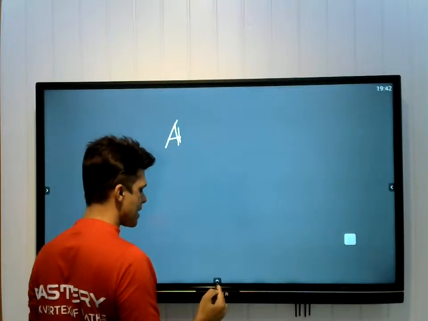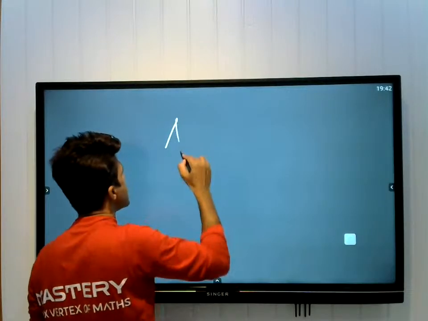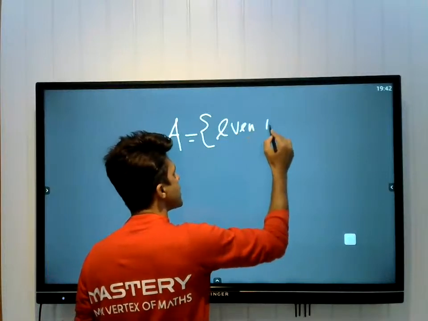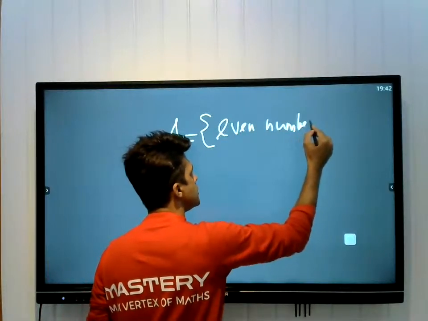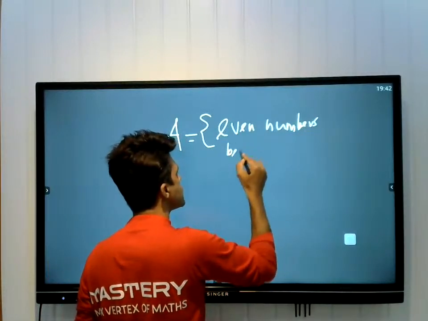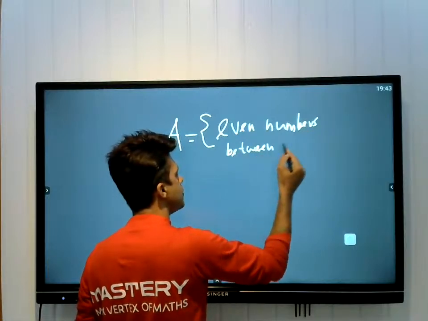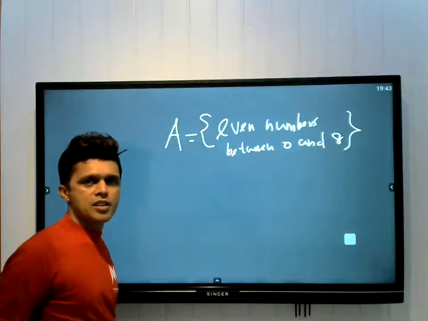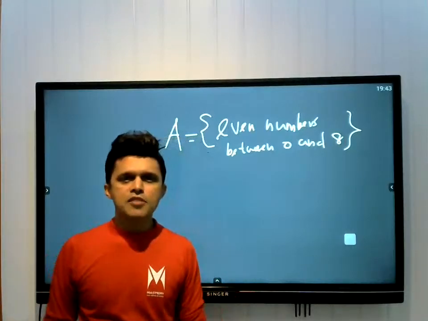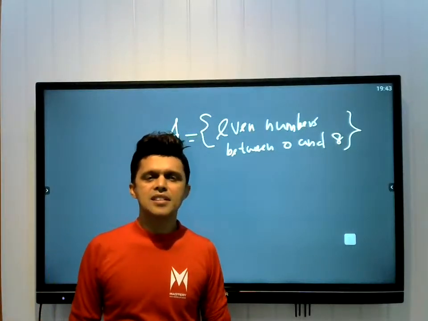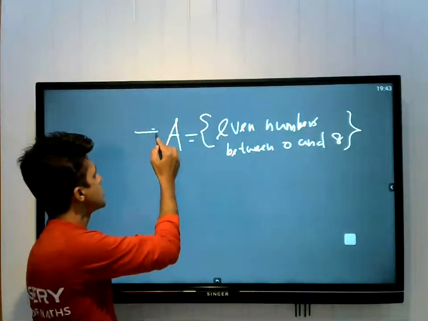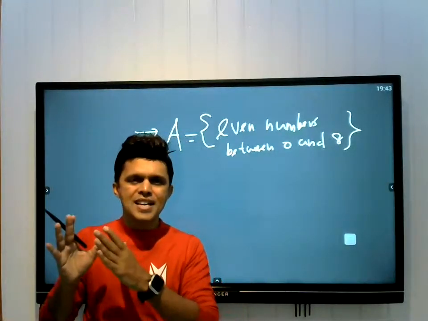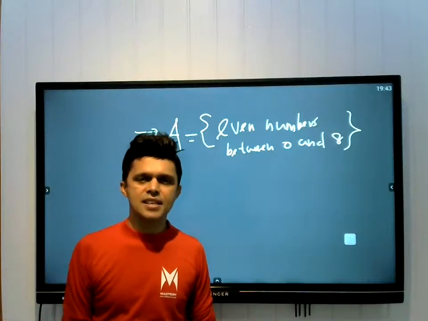The set A is the even numbers between 0 and 8. This way of writing the set A is by description. Now it has given the description of the set.